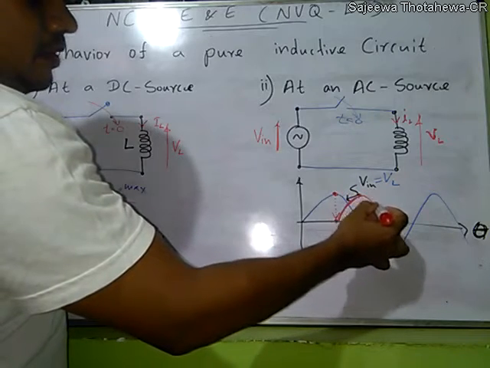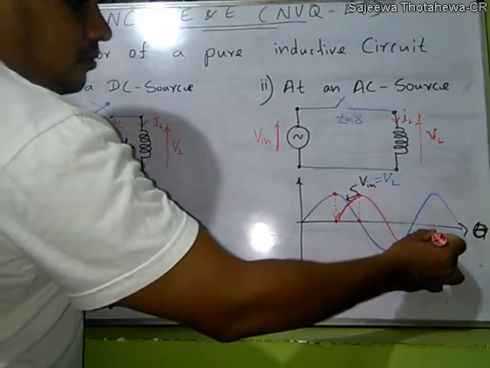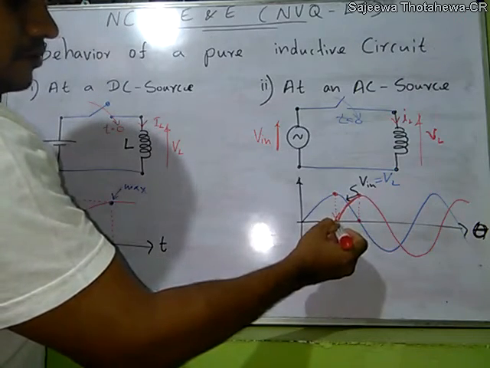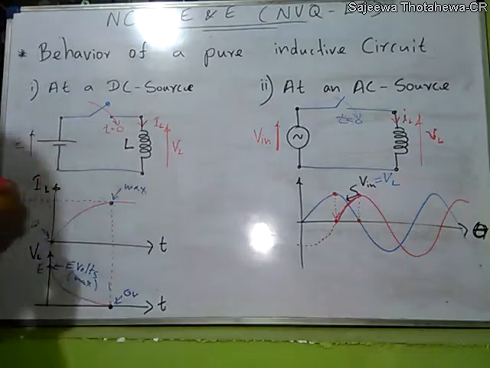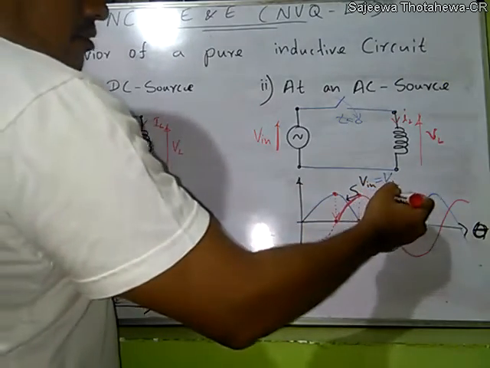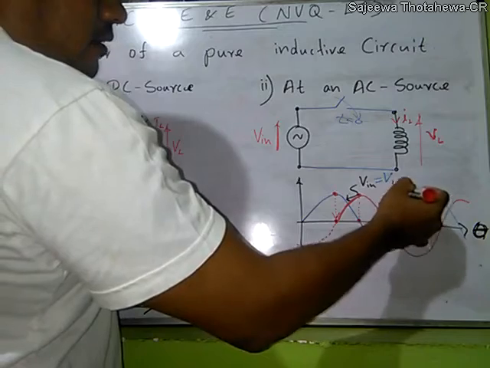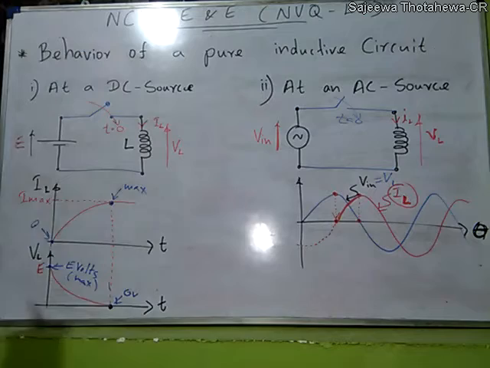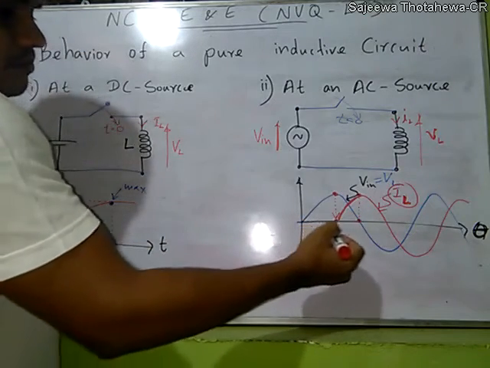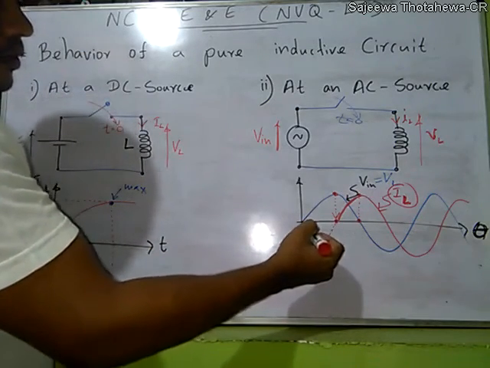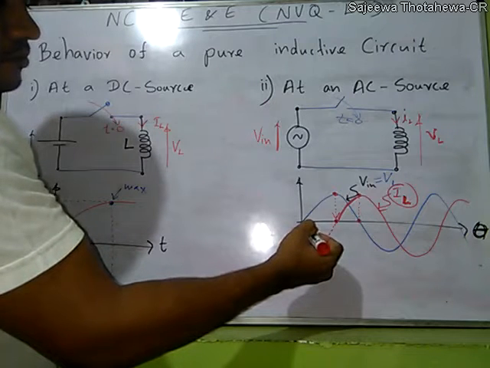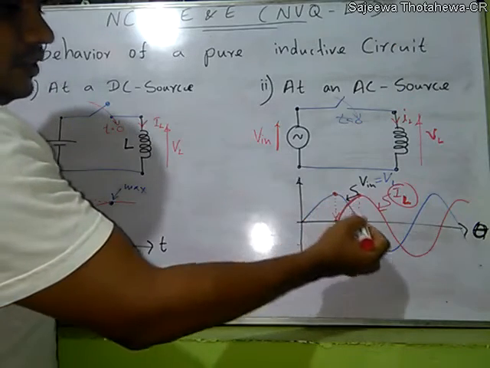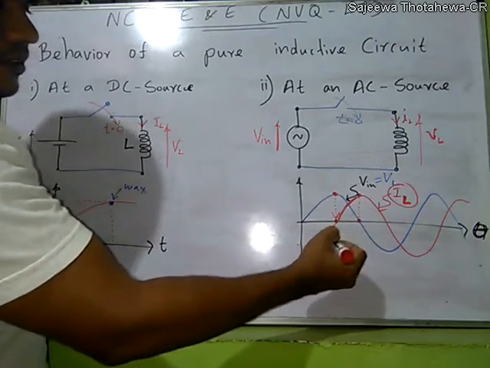Then I complete this graph by following this inductor voltage pattern. Let's mark this as the inductor current, IL. Here you can see there is a phase displacement between the inductor voltage and the inductor current.